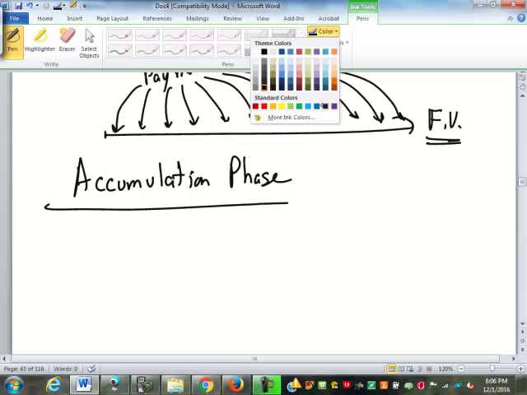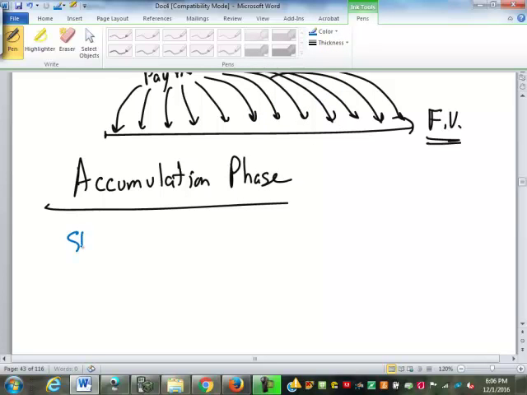In the accumulation phase, you start with 0, with nothing. Make regular payments.